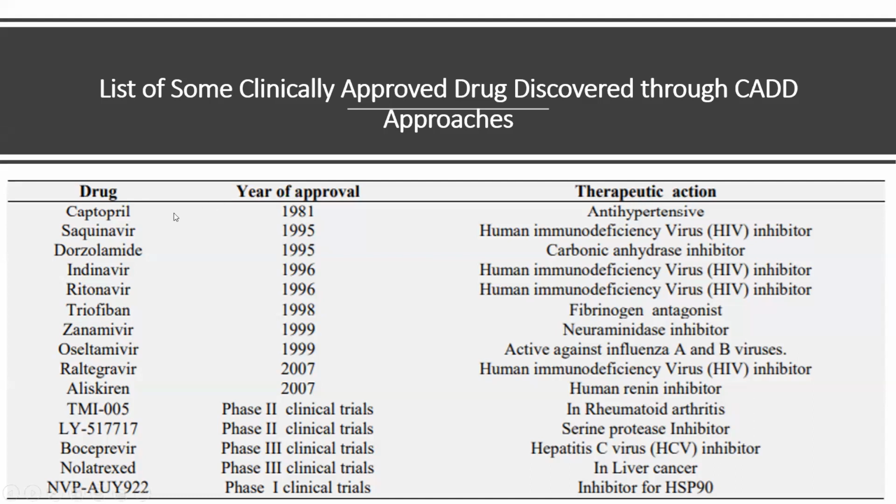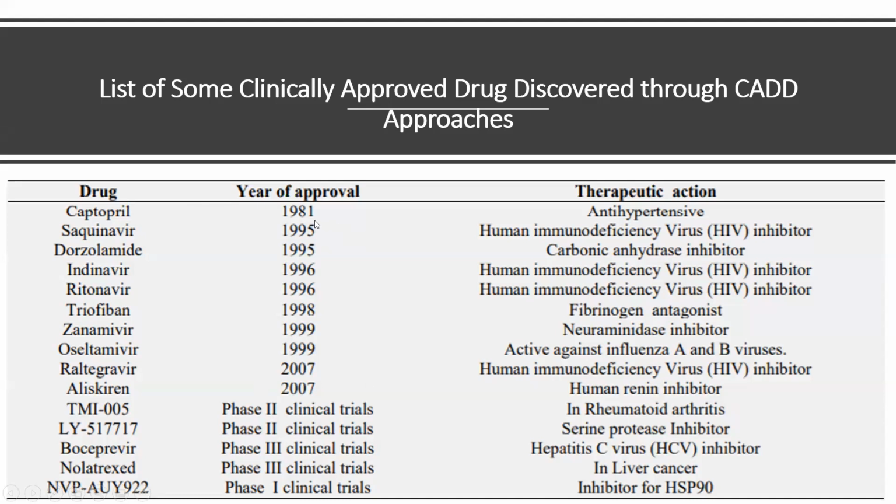All these drugs we are seeing, saquinavir is an HIV drug, captopril, and many more. I just put a few of them in a list here for you. They were identified through computer-aided drug design since 1981.